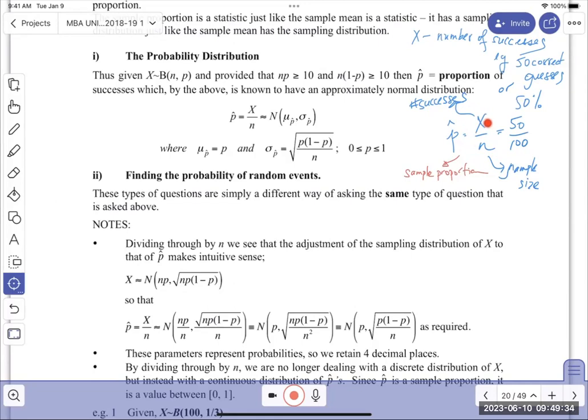So X is a statistic, P hat is a statistic because they're numbers calculated from a sample where the sample size is N. Okay, so yes, it is a statistic. What about X? Is X a statistic?